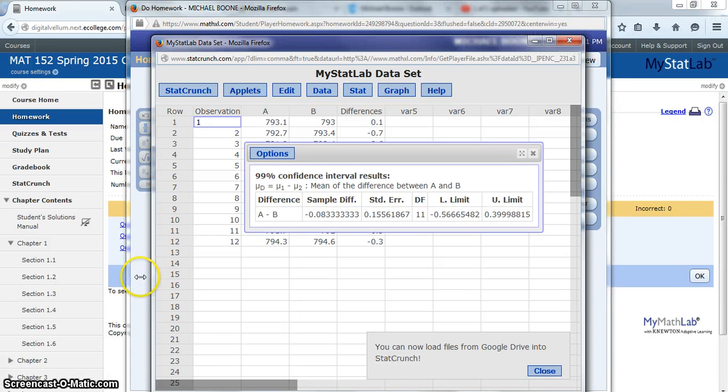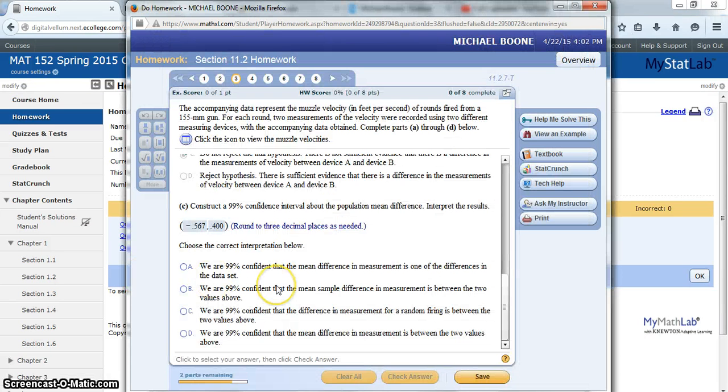And by pretty close, I mean close enough, with the number of data points and everything that we have, to say that we still believe that the difference between these two measuring devices is super small and they roughly measure the exact same. That's what we're saying. We are 99% confident that the mean difference in measurement is between the two values above.